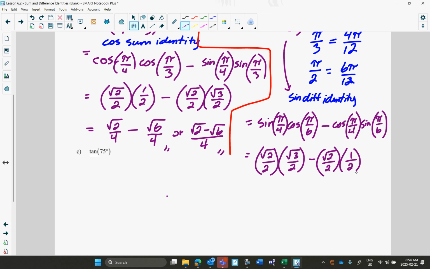If you look at it, it's going to actually work out as the reverse of the previous one. You get root 6 over 4 minus root 2 over 4. So we can leave it at that, like I said, or if you want to put it into a single fraction like that, that is, of course, also correct.